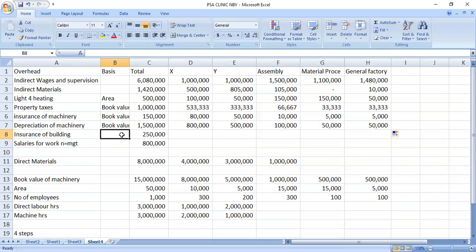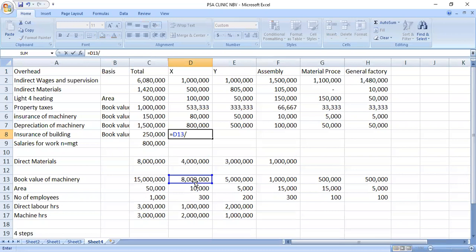Insurance. For insurance of building, you also know insurance uses book value. I hope you know that. That's why if you go to insure your car, for example, I know most of us don't have cars, they'll ask you for the value, the agreement, when you bought the car.